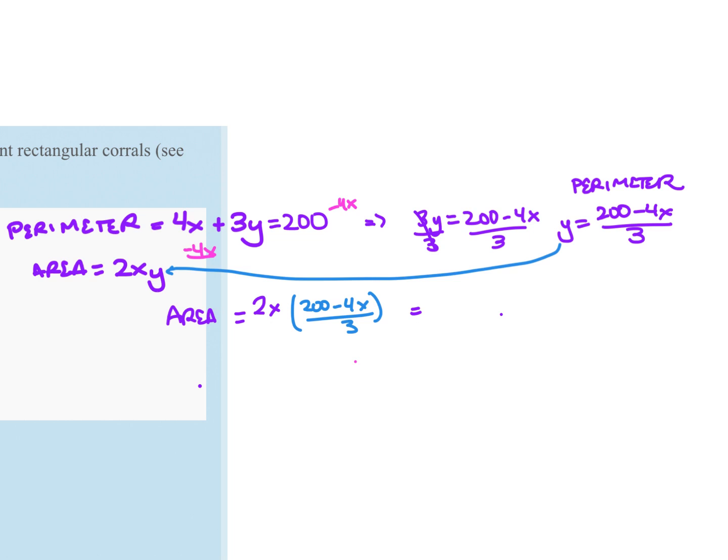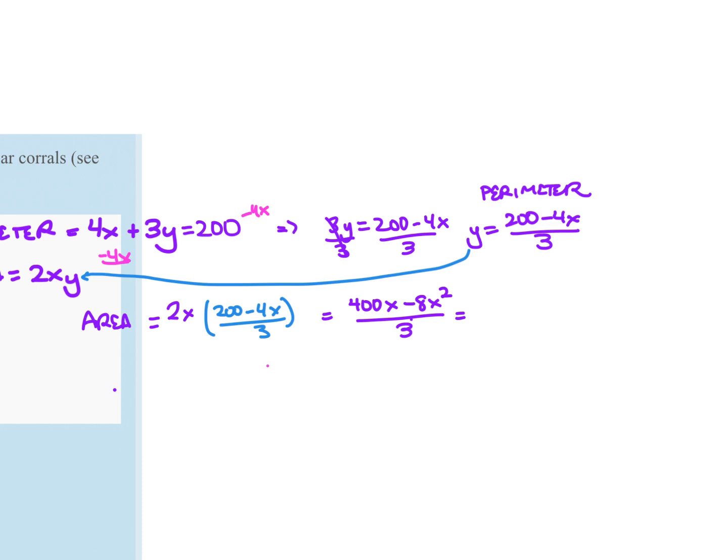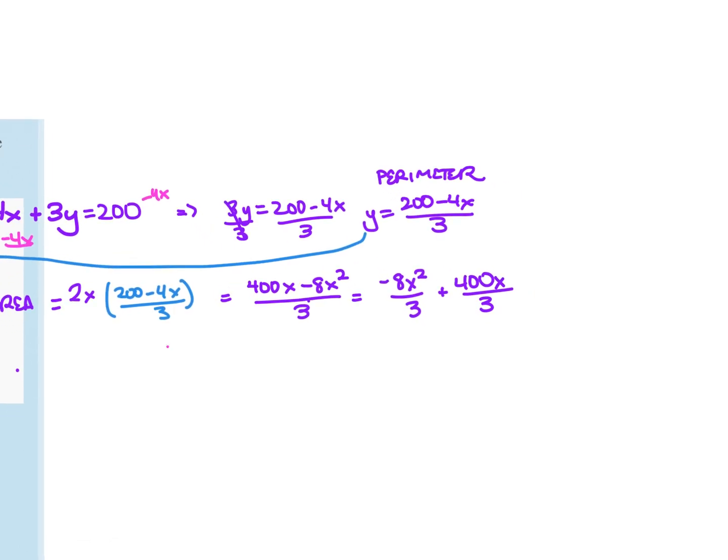So 2x times 200 is 400x, minus 2 times 4 is 8x squared, and all over 3. I'm going to rewrite it in standard form and separate my terms, so negative 8x squared over 3 plus 400x over 3. So we're looking at a quadratic, and it is upside down.